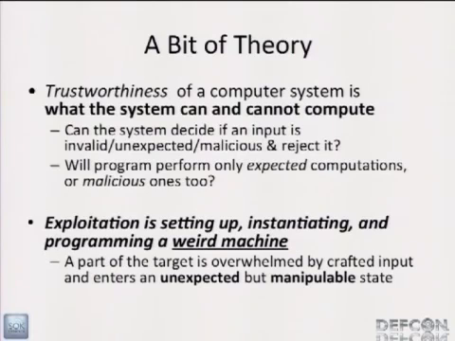I tried to summarize much of the existing exploitation folklore in this term called the weird machine. So you're borrowing pieces of code from the target, and you are guiding them. You're using them as bytecode, as implementations of bytecode, to which your data serves as the opcodes and immediates.